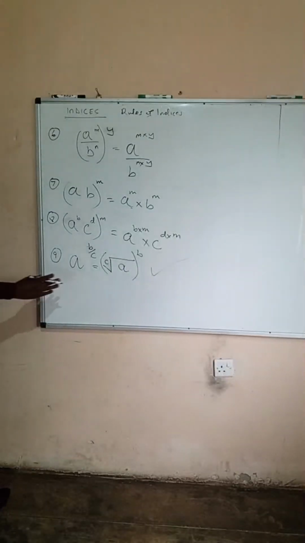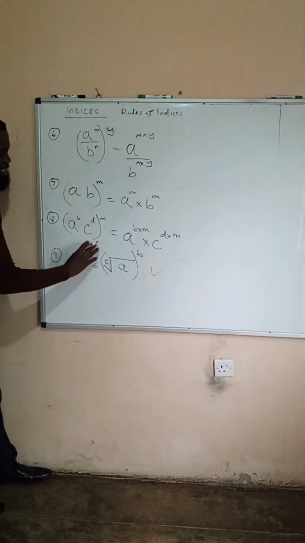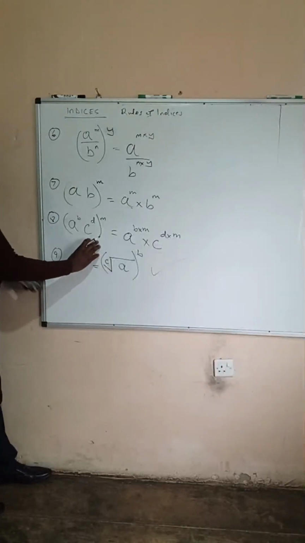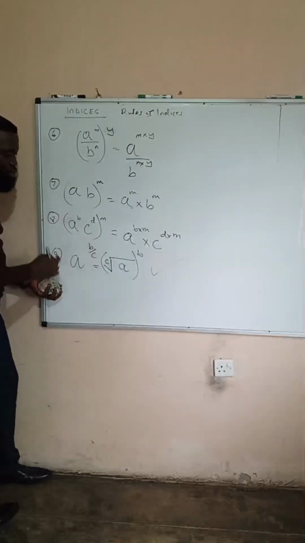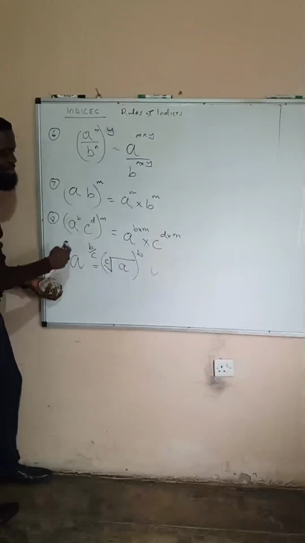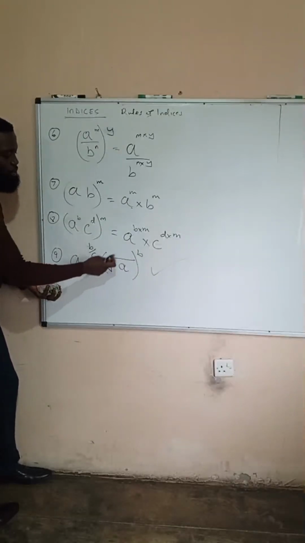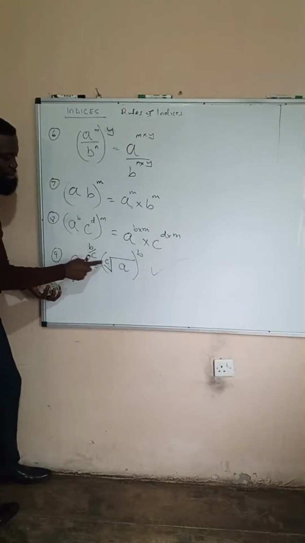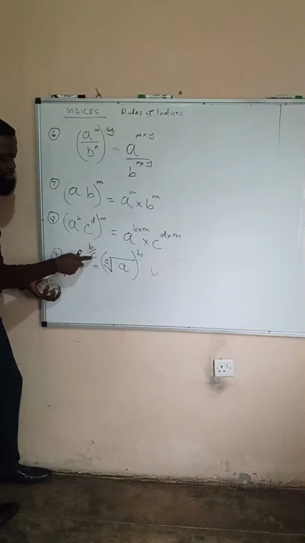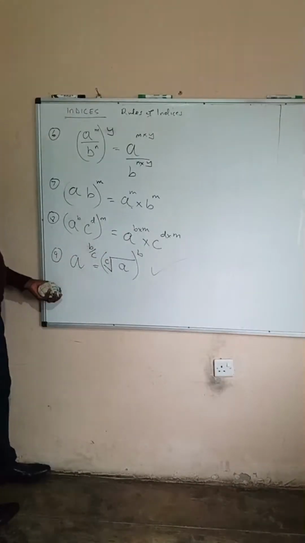So if a is raised to a fraction, you can rearrange it as, say, the cube root. The number down will always be in front of the root. If here it's 4, you put 4 here. If here it's 5, the fifth root. Then the one on top will also be on top here.